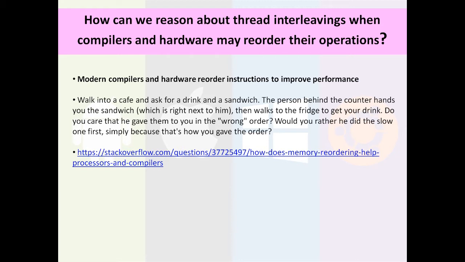And that's the exact same idea behind compiler and hardware instruction reordering. The idea here is that we do the most efficient instructions first and then do the slower instructions. And we only do this reordering when it doesn't affect the outputs or the actual execution of our process.